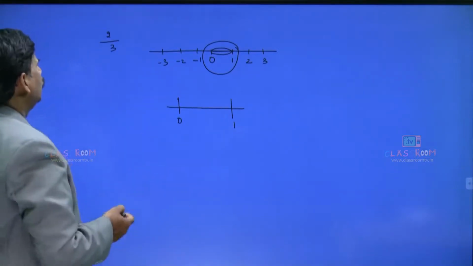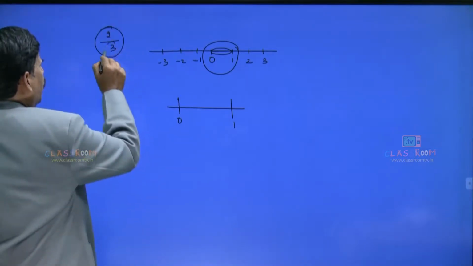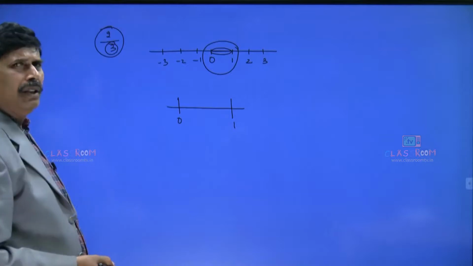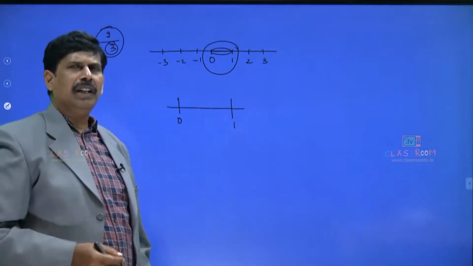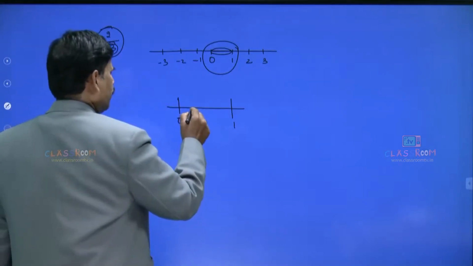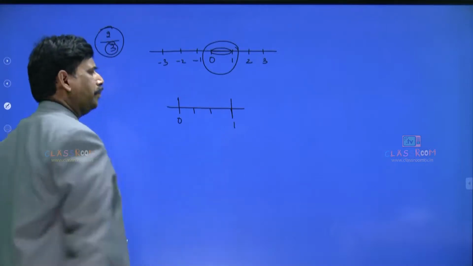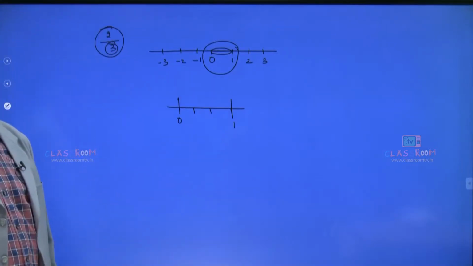So now we want 2 by 3. Let us see what the denominator is. The denominator is 3. You divide this spacing into 3 equal parts. So this is the first part, second part, and this is the third part. Is it clear, children?